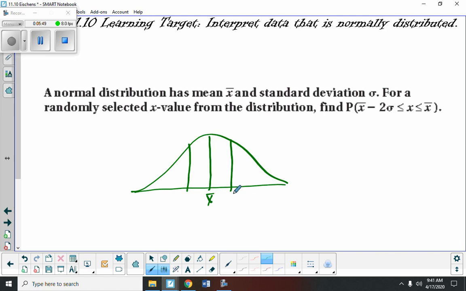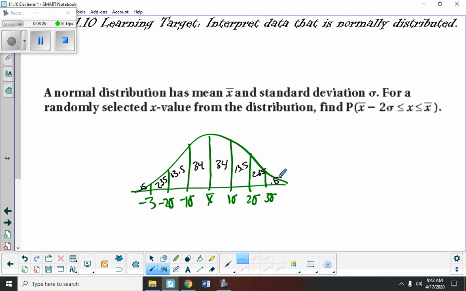This is 1 standard deviation, 2 standard deviations, 3 standard deviations, and minus 1, minus 2, and minus 3. Then I'll fill in my percents: 34, 34, 13 and a half, 13 and a half, 2.35, 2.35, 0.15, 0.15.